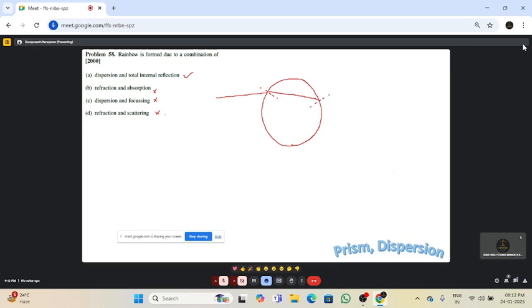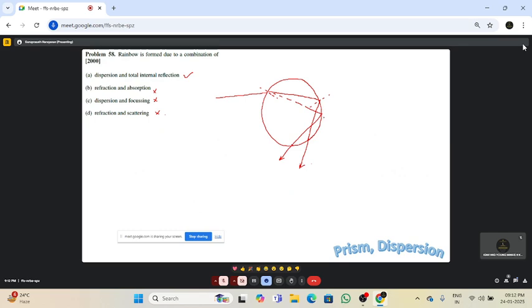Here total internal reflection happens. Then it might come out like this or it might come out here. Sometimes there will be two reflections, sometimes one. Violet and red come out at different angles. That is why the water particles act like a prism, and that is why you get the rainbow pattern here.